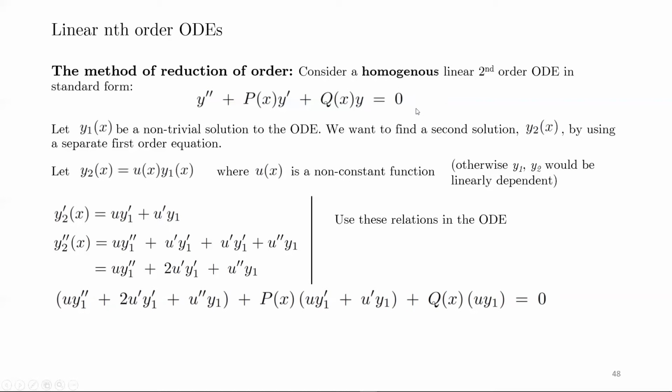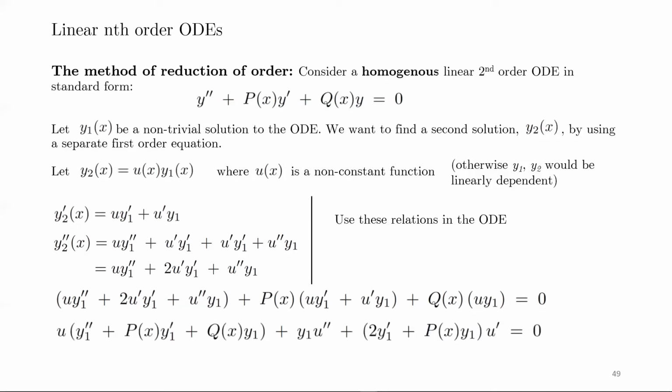Okay, well, I can do a little bit of algebra on this long equation here, and I can write it in this form by taking out the common factor of u and u prime in some of these terms. So wherever we see a u, I'm going to pull out this common factor of u. I've got a y1 double prime here, so that enters here. There's no other u terms here. They've got a u prime and a u double prime.